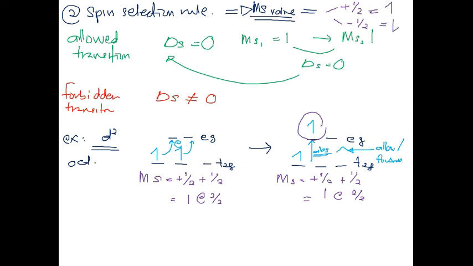Even though it goes up, both are spin up, so the total MS value must be 1, half plus half. So when we look at delta S, it equals 0. So it means this absorption is an allowed transition.